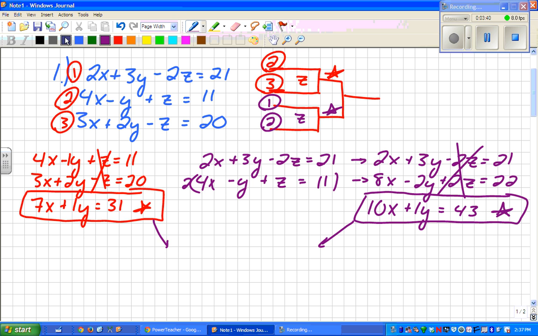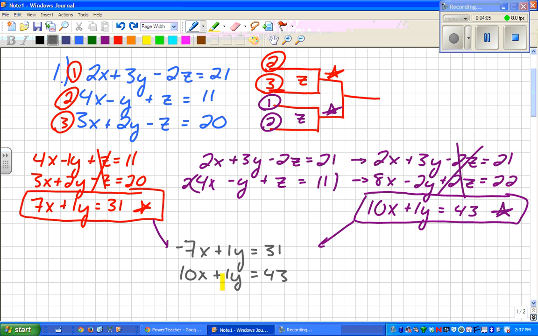Okay, let's get a different color. So I've got 7x plus 1y equals 31. And I have 10x plus 1y equals 43. Now again, it's up to you which variable you want to cancel. To me, it looks like the y's are ready to go, except they're both positive. So let's multiply one of these equations by negative 1.